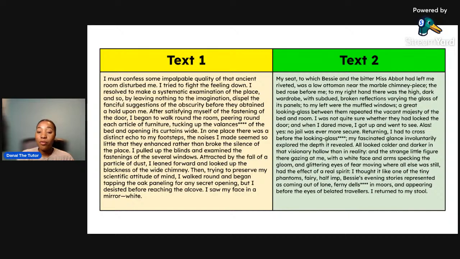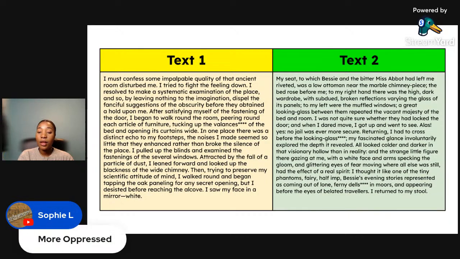Okay, more oppressed. Good. So yes, the narrator in text two does seem more oppressed within that unfamiliar environment. Good. So what can we therefore say about text one?